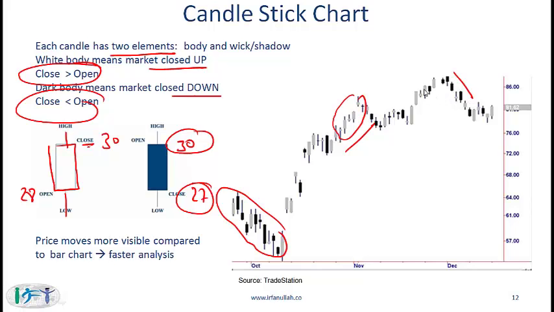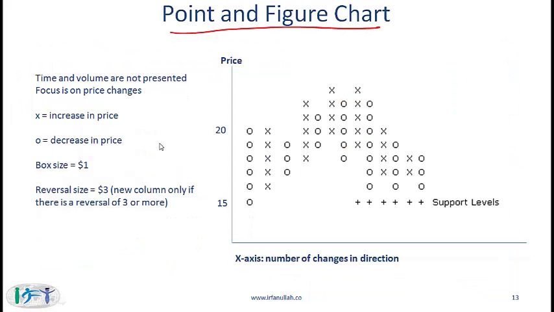As with the earlier 2 pictures or charts, you have price on the y-axis and time on the x-axis. Price moves are more visible compared to the bar chart, which is why the analysis of a candlestick chart is faster and somewhat easier. Point and figure chart.